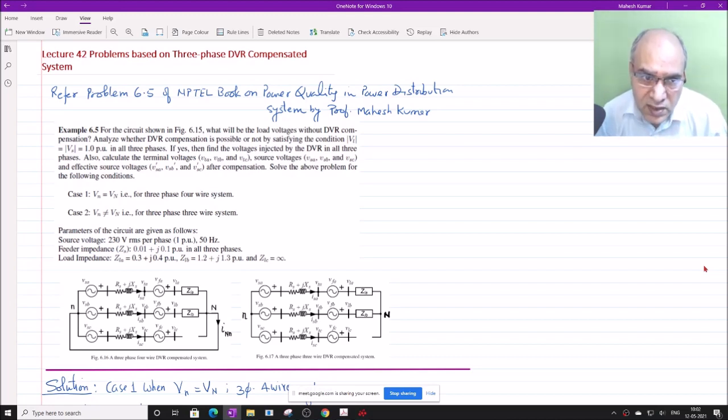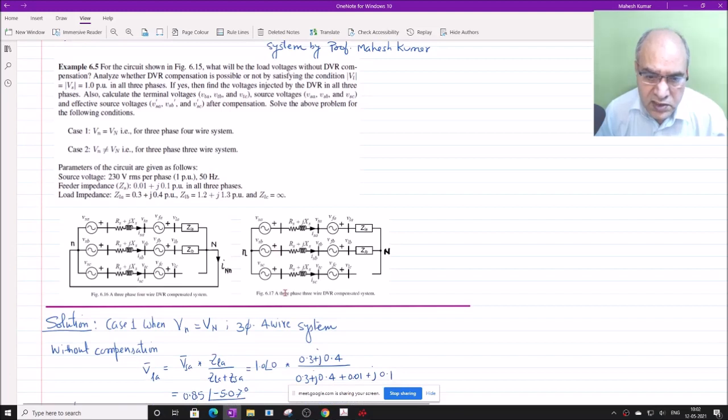So this is Example 6.5 from the NPTEL book. There are some corrections in that solution, so you follow this solution rather than the book solution. This example has two cases: a three-phase, four-wire system and a three-phase, three-wire system.